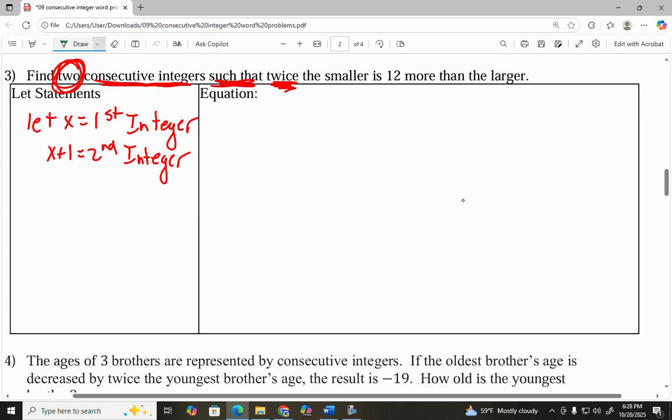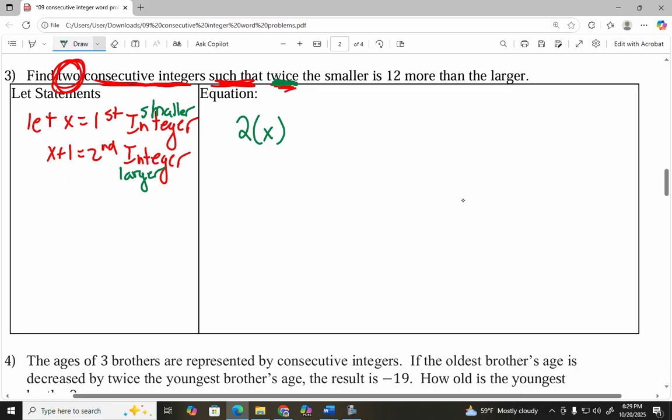This one is smaller. Therefore, this one is the larger one because I added on 1. Of course, it's bigger. And I have to do twice the smaller. Twice means 2 times. Right? So you take your let statement and put it in place of the smaller one.